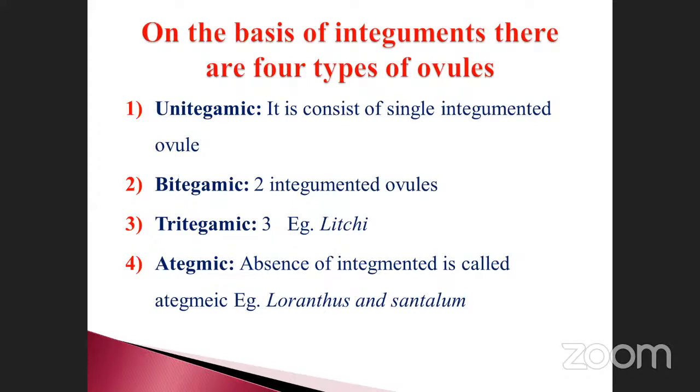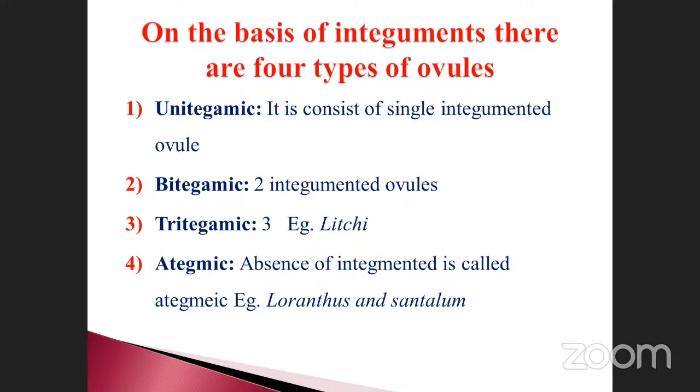According to the number of integuments, they are divided into four types. Unitegmic consists of a single integument. Bitegmic means two integuments. Tritegmic means three. And ategmic means completely absent integuments. This is a specialized structure compared to the previous three.